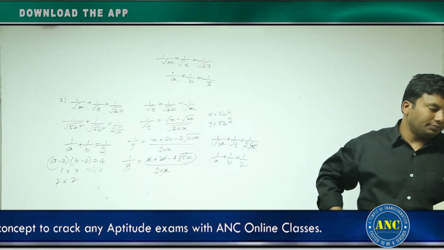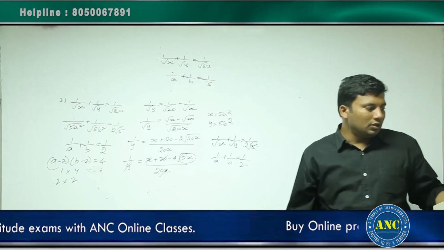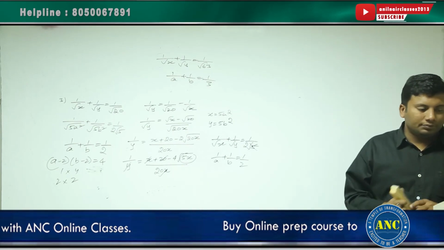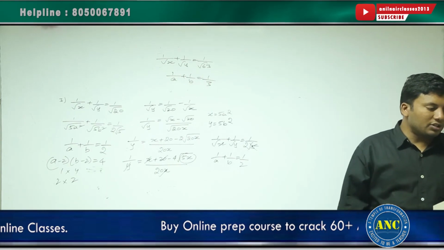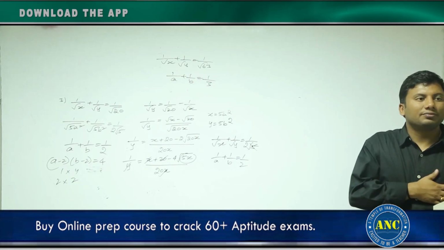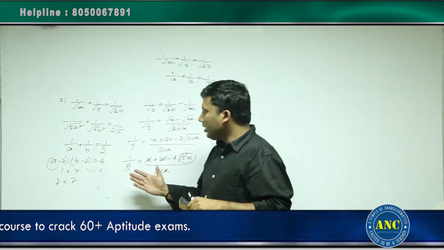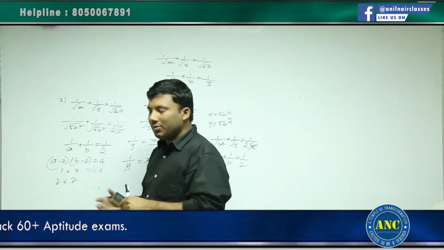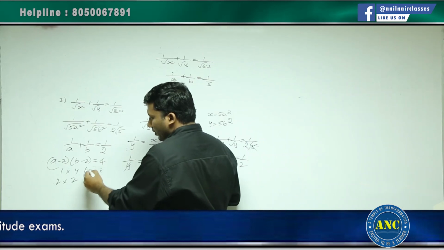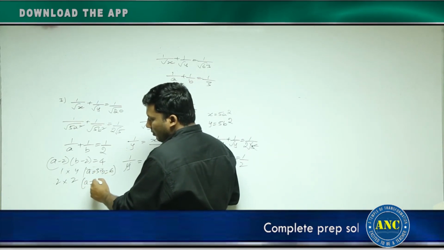Next. Write down this question. This is 5, right? Which one? For this one, 1 by root x plus 1... No, you find it out. What is the answer? Here a is 3, b is 6. A is 3, b is 6. A is 4, b is 4.